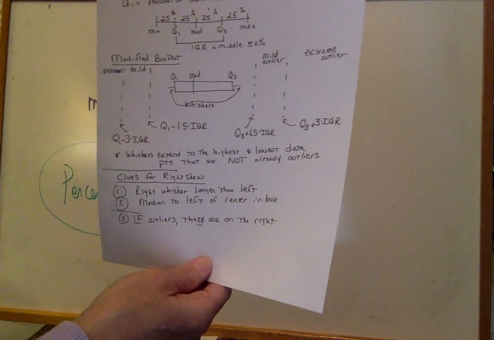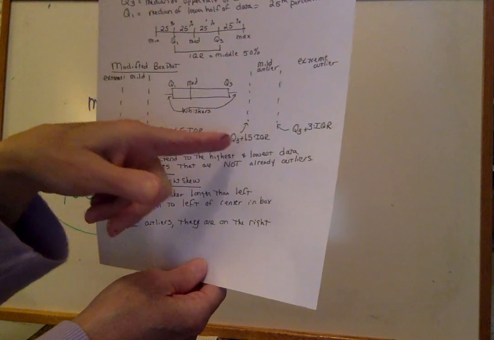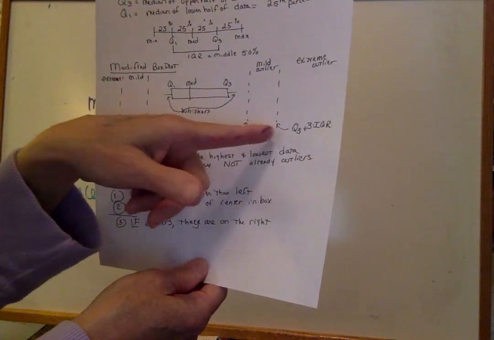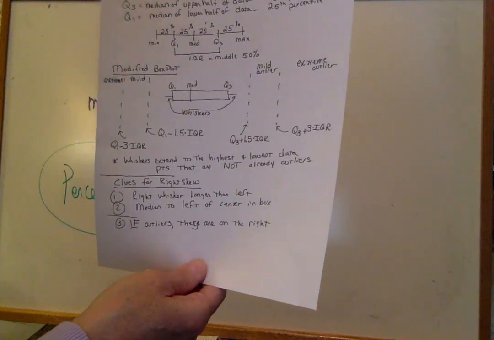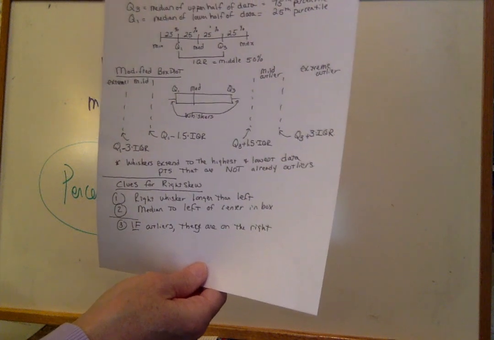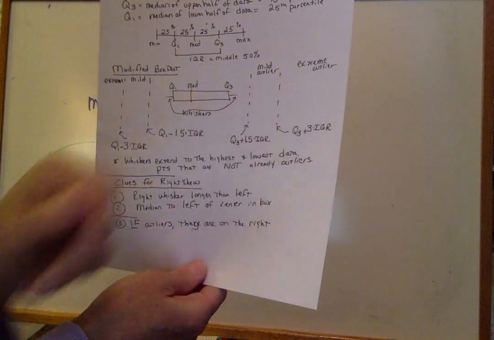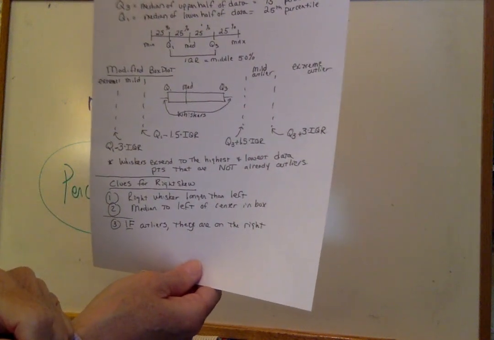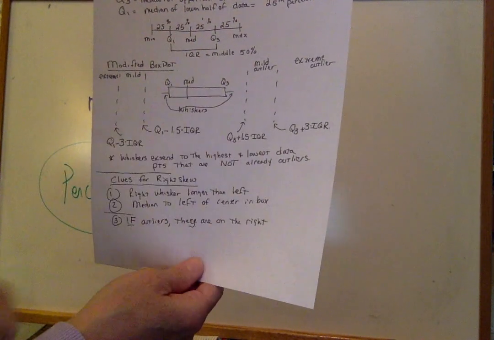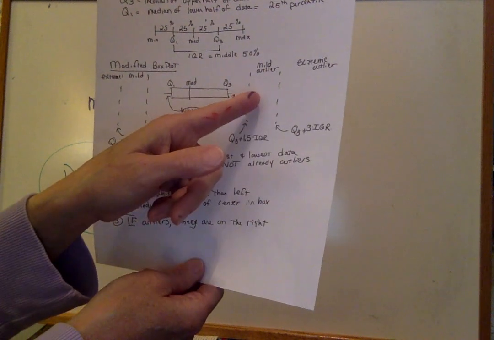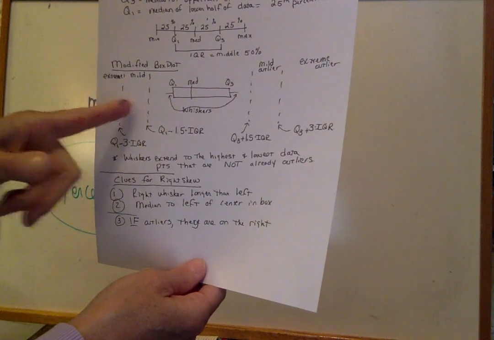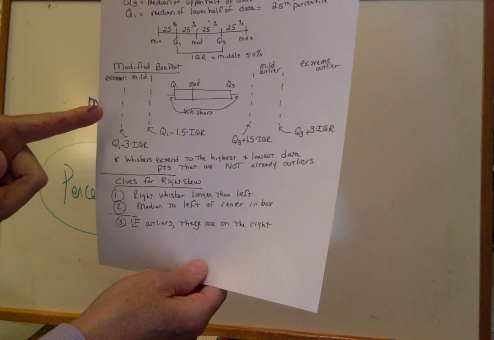The second fence is the 3 IQR. So you're going to work through these formulas. You're going to have numbers here. Then you're going to actually look at your data set to see if you had data points fall in this area. If you did, it's called extreme outlier. Or if you had data points fall in that area, it's mild outlier. Same thing on the low end.